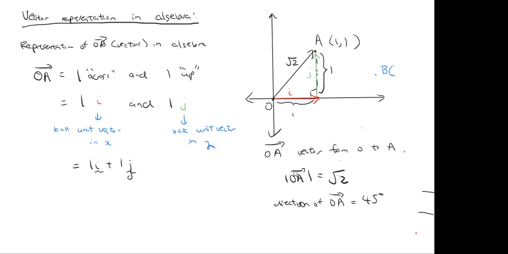Now, if we had a different point, for example, if I had a point B over here, and let's just call it, well, I have to keep it to scale, so 7 and then half up, can you see that, as a separate example, so OB, you would just think of it as 7 across, so that would be 7I plus, in this case, half J. So basically, we're just taking the X coordinate and multiplying it by I, which means how much across, and then taking the Y coordinate and multiplying by J, right?